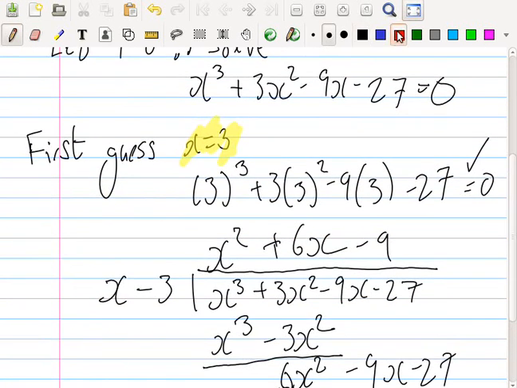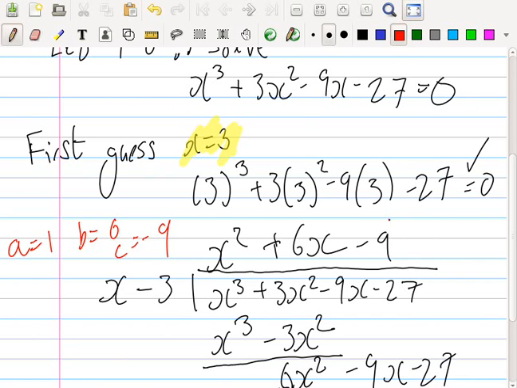And again, we can use our quadratic formula. A equals 1, B equals 6, C equals minus 9. And if you put that in, yes, I think did I type that in right? Let me check.